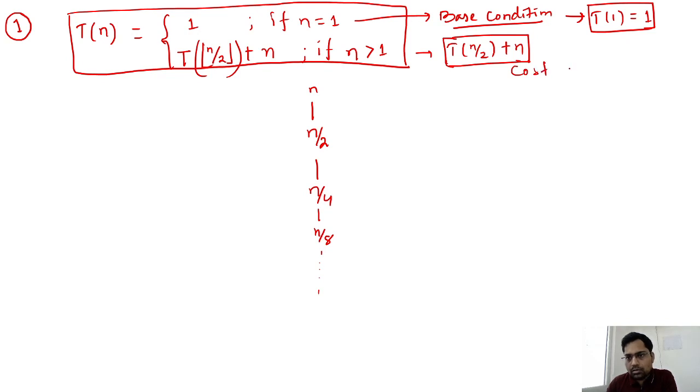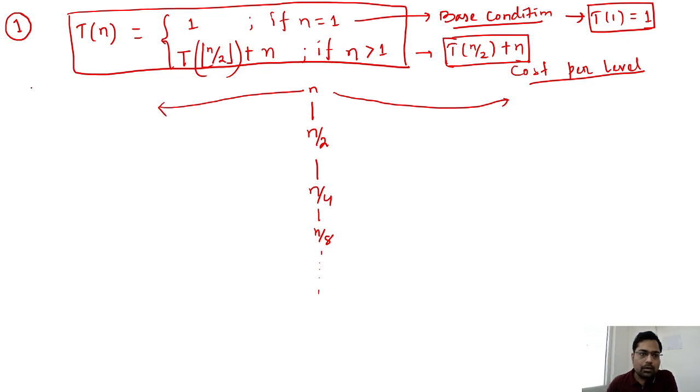Here, cost per level will be written. Number of nodes per level you have to mention here.